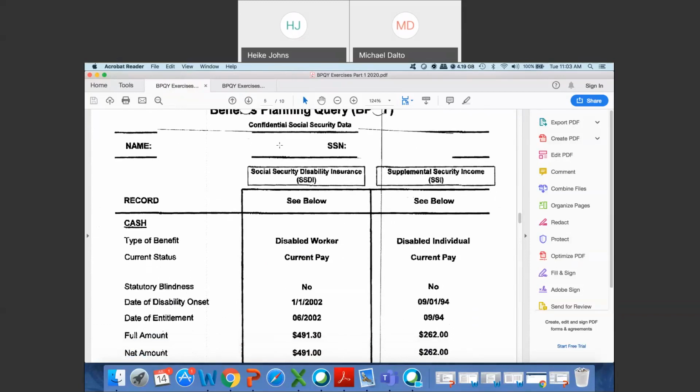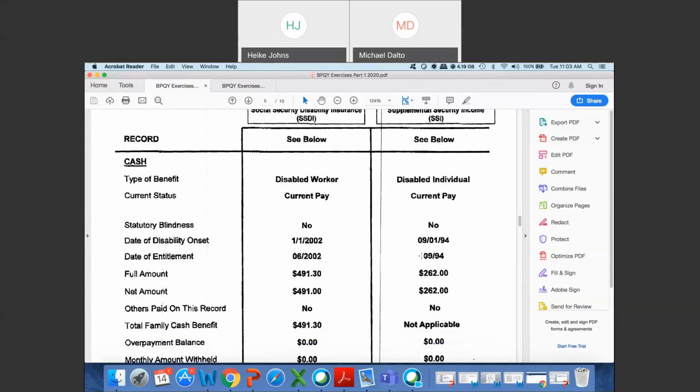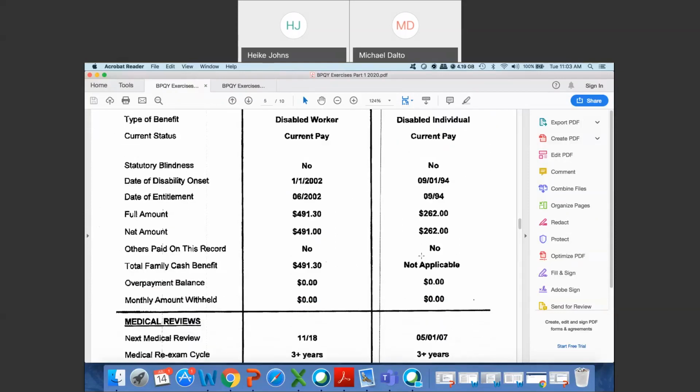For type of benefit, for SSDI, we've got disabled worker. That means the person's going to be getting SSDI on their own record. And under SSI, it's disabled individual. So they're getting SSI as an adult. They're in current pay for both benefits, not statutorily blind.